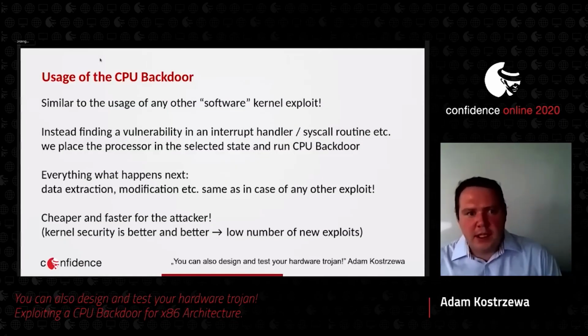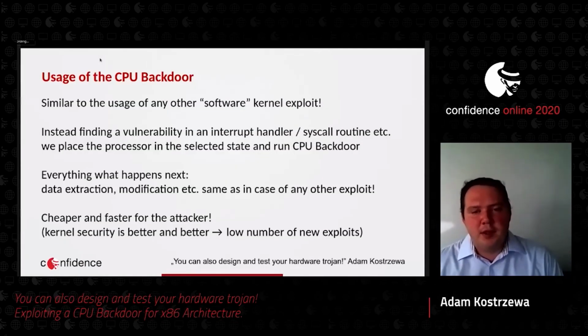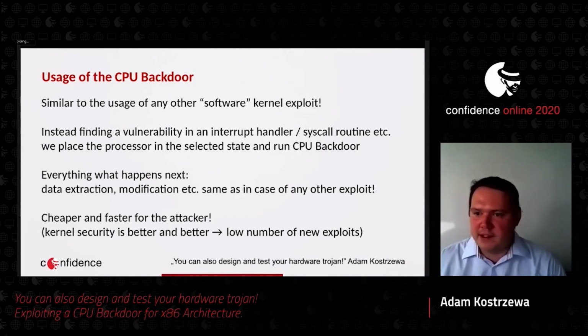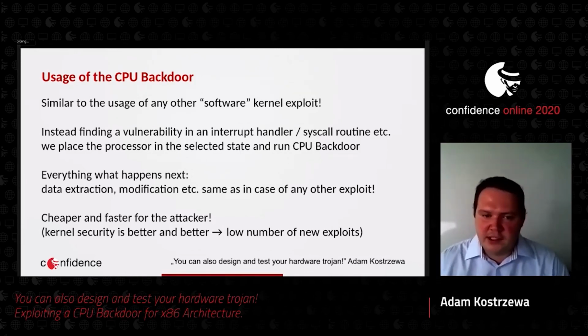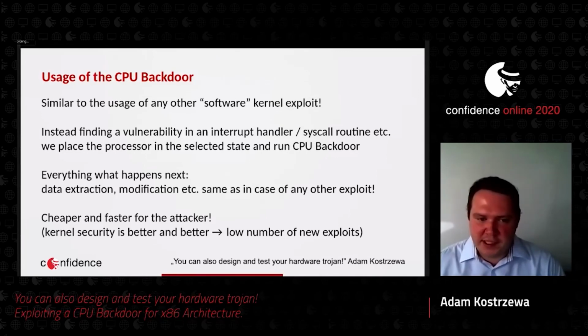As you may see, the usage of the CPU vector is the same as the usage of any software kernel exploit. It just, instead of finding a vulnerability in an interrupt handler or a syscall routine, you have this vulnerability in your CPU backdoor, which is simply changing the processor state.